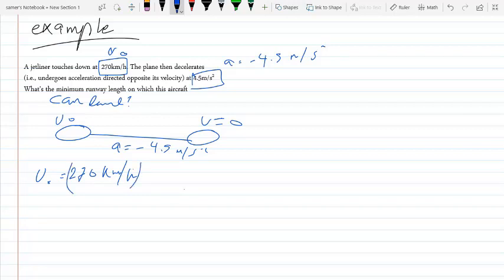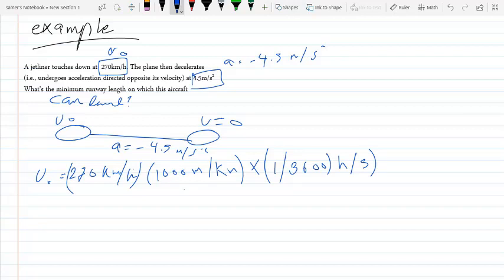To change it into SI units, we multiply by 1000 meters per kilometer times 1 over 3,600 hours per second, to get V0 equals 75 meters per second.